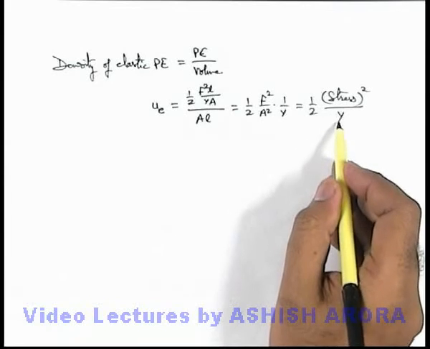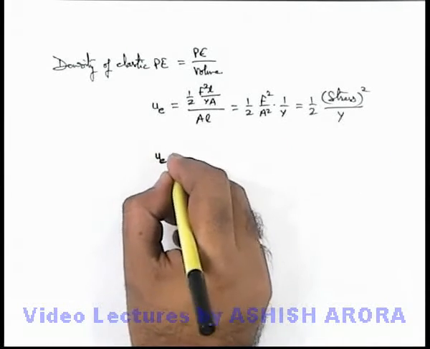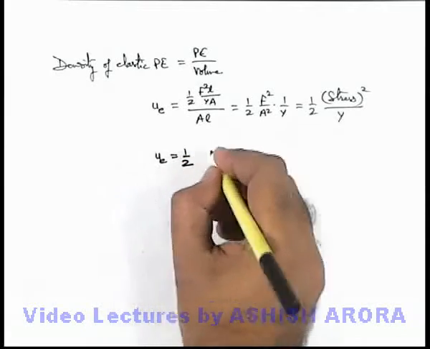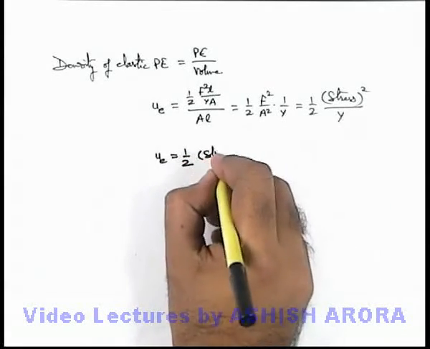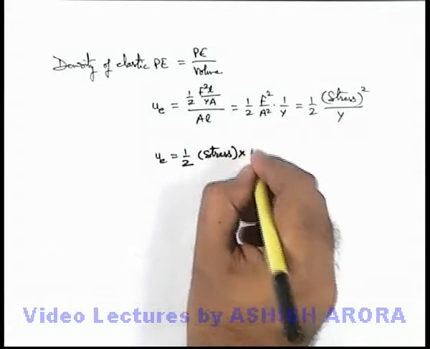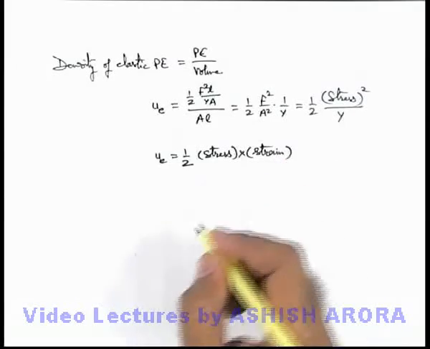And we also know that Young modulus can be written as stress by strain. So this elastic potential energy density can also be written as half of the product of stress and respective strain in the material.